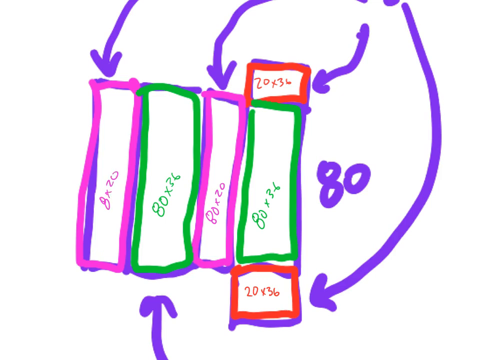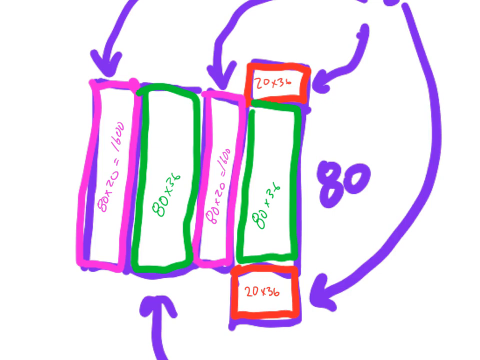So you would multiply all of those numbers. So 80 times, that should be an 80, not an 8. Apologize. 80 times 20 is 1,600.